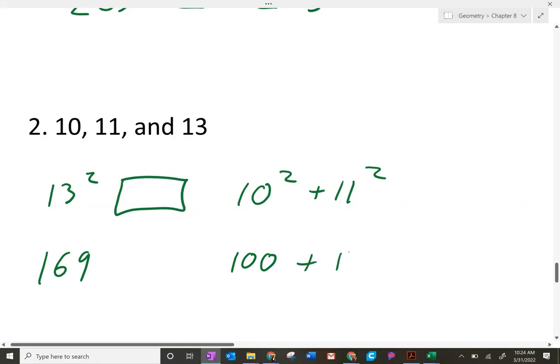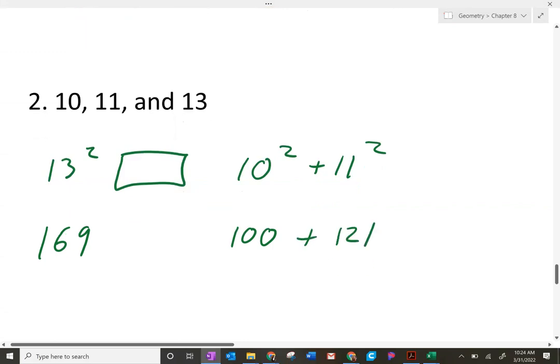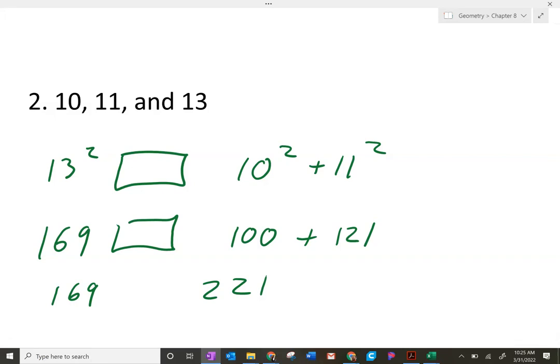Plus 11 squared is 121. I get 169. I'll put that box there. And then I have whatever this is going to be in 221. Which sign am I going to put in there? Less than sign. Yep, because 169 is smaller than it. So it's less than that. So what type of angle is this going to be? Acute angle.